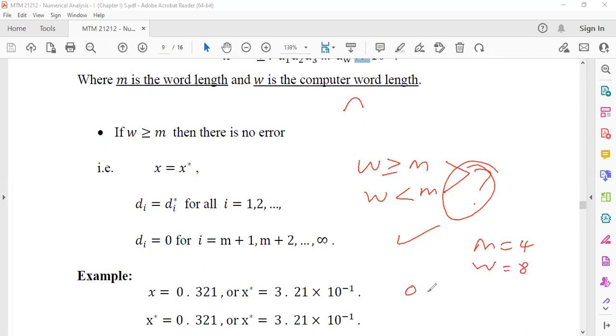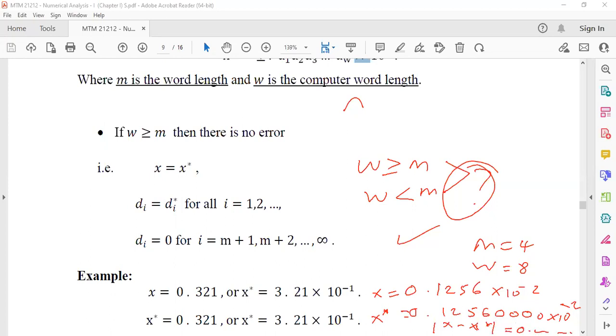I write 0.1256 times 10 to the power minus 2. In the computer it will take 0.12560000 times 10 to the power minus 2. When you subtract, this will be our x star and this will be our x. So x minus x star will be 0.0000, isn't it? So no errors. If w is greater than or equal to m, we will have no errors, so that is obvious.